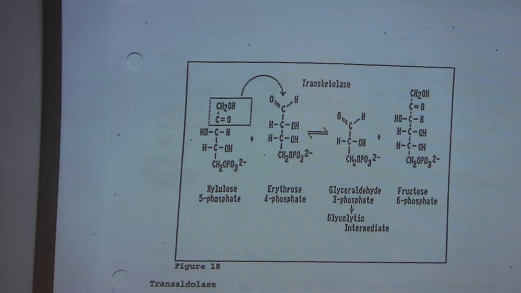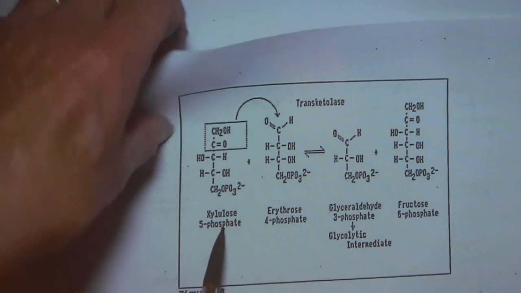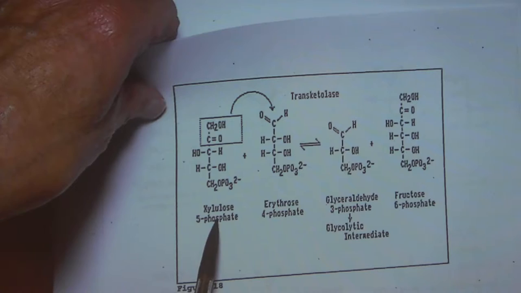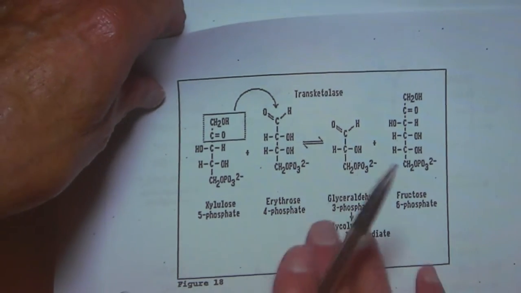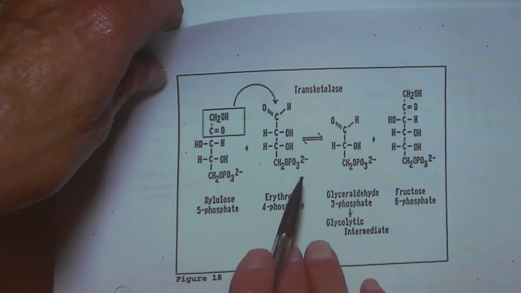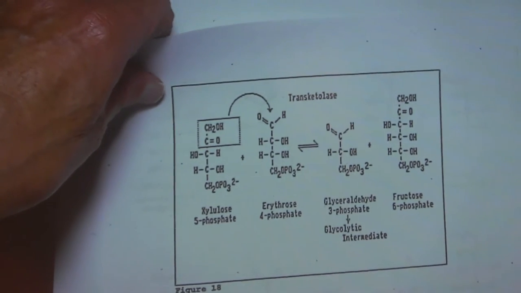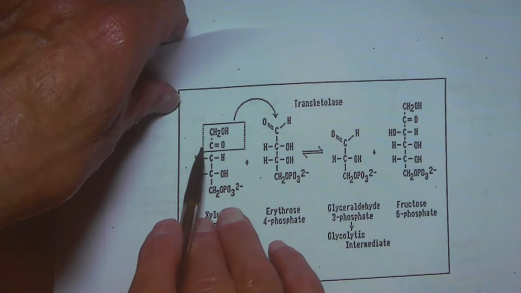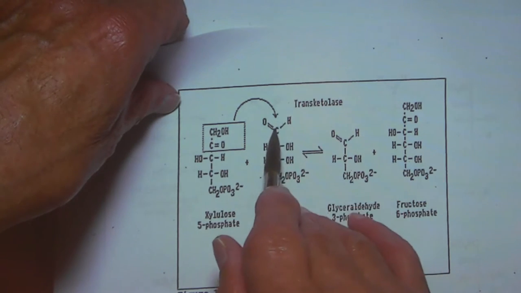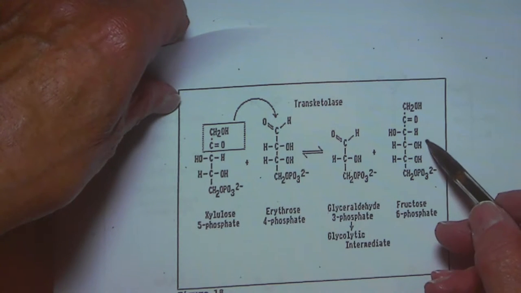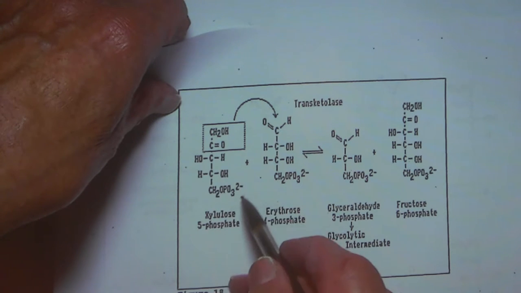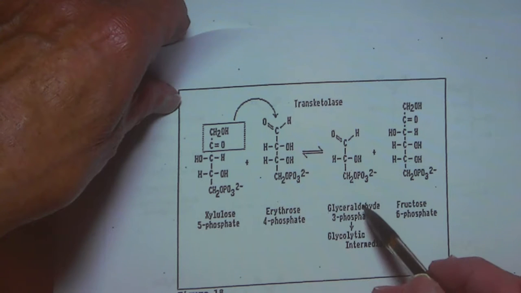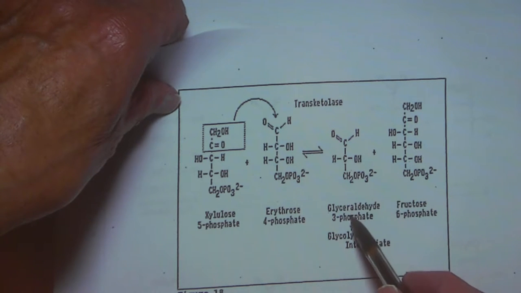What should we do with them? Here is xylulose phosphate and ribose phosphate. They don't seem like very exciting sugars, but if they interact with each other in the presence of transketolase, a two-carbon unit is moved and hooked onto the other sugar, giving a phosphate. What you have left, you remove 2 from 5, is 3, and that's glyceraldehyde phosphate.